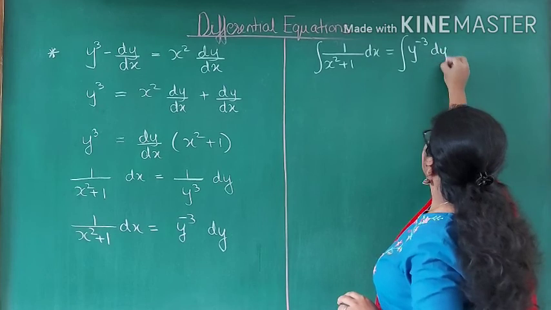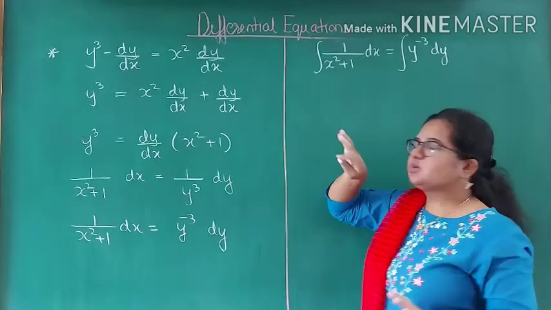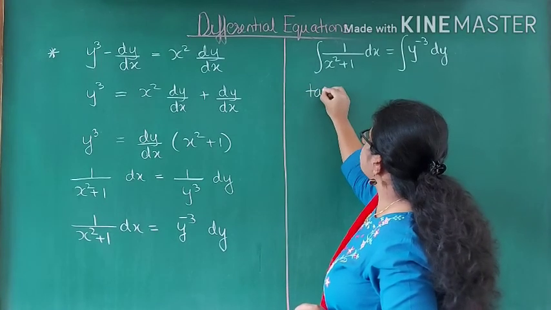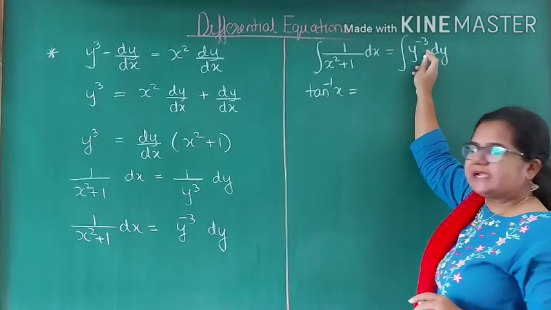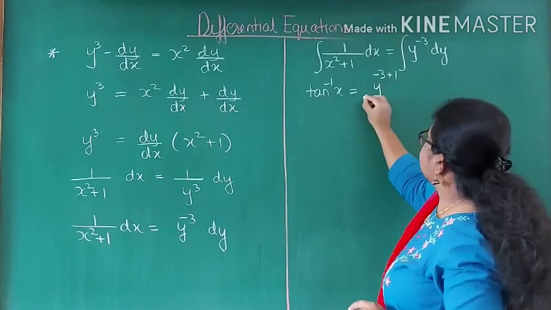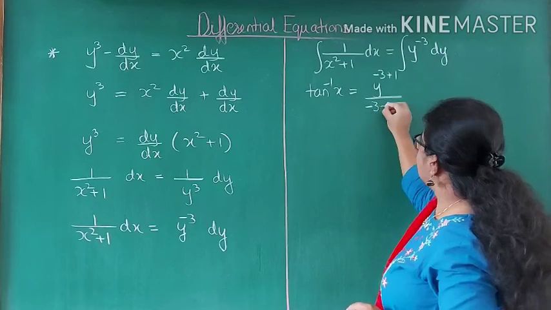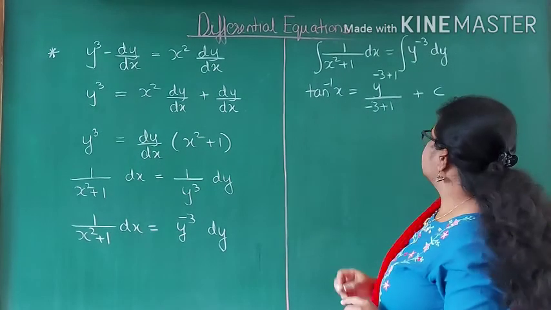What is the integration of 1 upon 1 plus x square? It is tan inverse x. Integration of y raised to minus 3 will become y raised to minus 3 plus 1, that is y raised to n plus 1 upon n plus 1, plus the constant of integration.